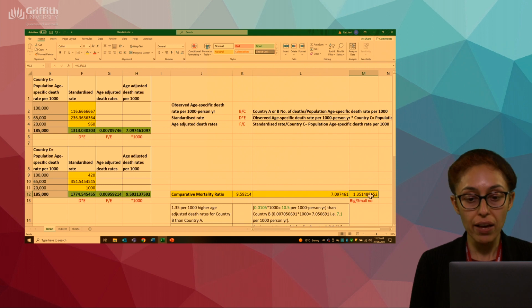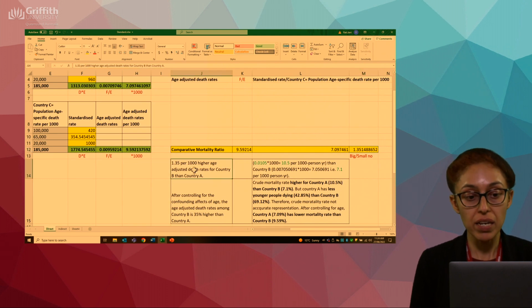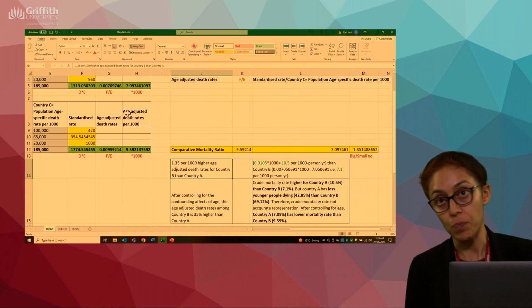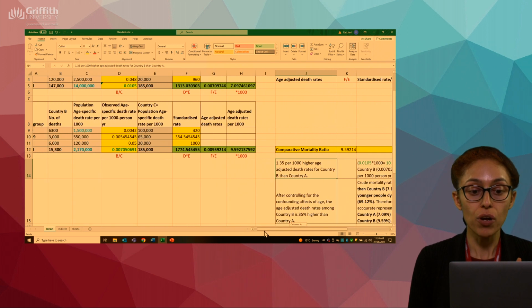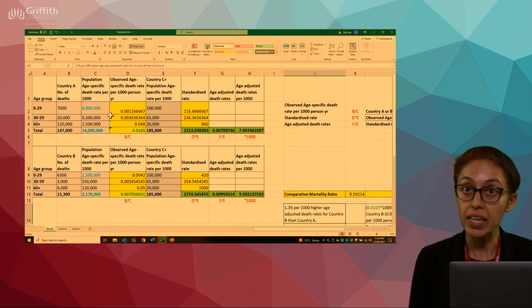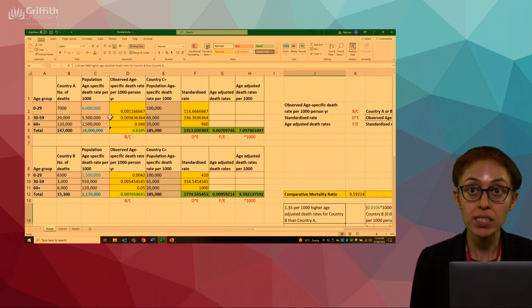Again, this is just FYI, where you can write a statement as 1.35 per thousand higher age adjusted death rate for country B than country A. Basically we are just saying the same thing. After adjusting for age, more people are dying in country B compared to country A. That's why adjustment is so important, because it may completely change the story sometimes.